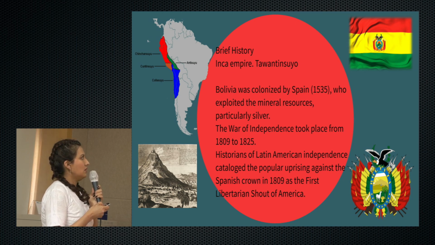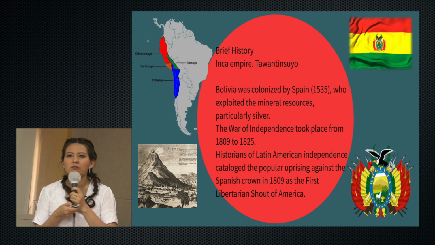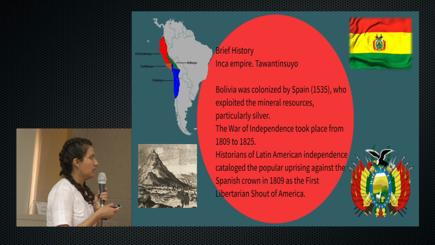It was the Inca Empire, shared between Ecuador, Peru, the north of Chile, and Argentina, and part of Bolivia. The capital was mainly in Bolivia, but we have a lake, Lake Copacabana, shared between Peru and Bolivia.